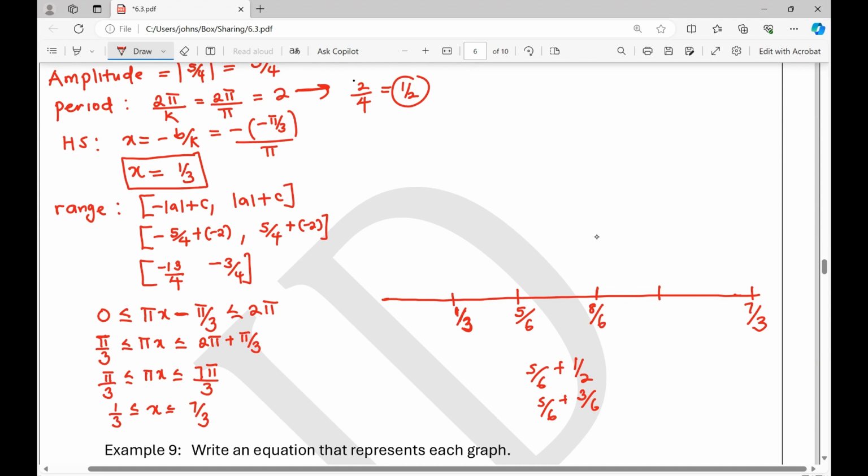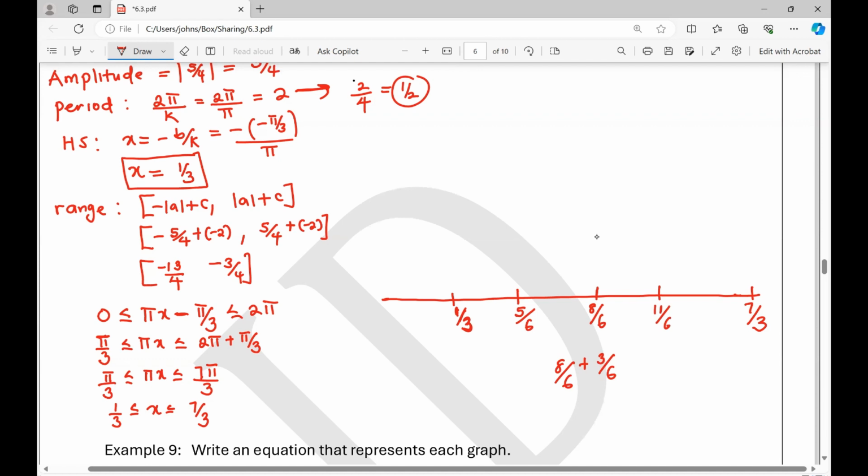And now to this 8 over 6, we still add half. But remember, half is the same thing as 3 over 6. And this will give us nothing but 11 over 6.